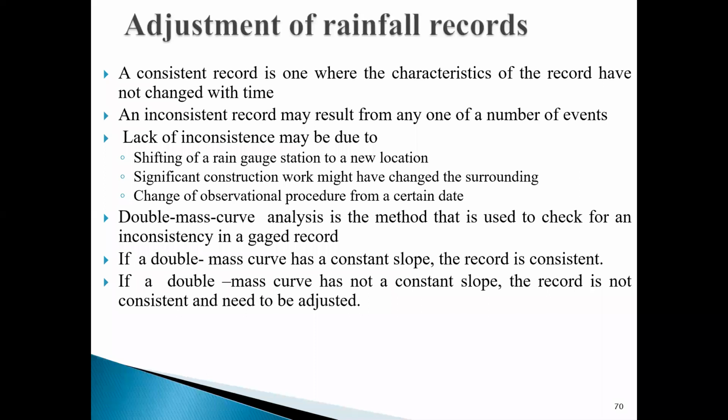This change may be due to the change in the surrounding environment of that rain gauge station, maybe construction of a high-rise building, afforestation or deforestation, or the wind velocity. The wind velocity may also affect the catch of the rain gauge. In such circumstances, we can adjust the rainfall recorded at that rain gauge station for the present condition.